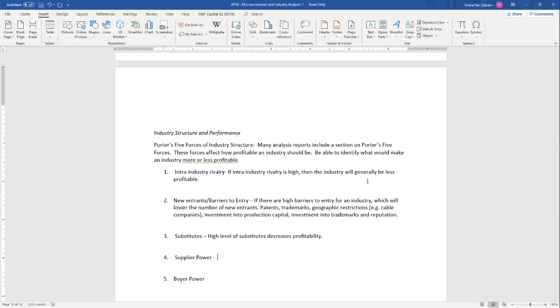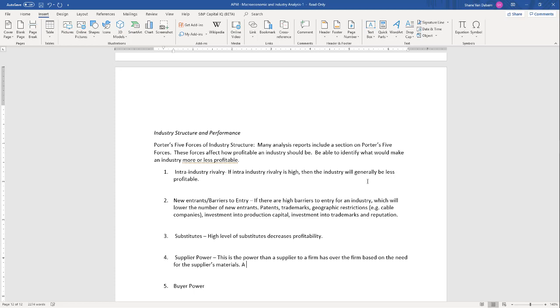Supplier power, this is the power that a supplier to a firm has over the firm based on the need for the supplier's materials.